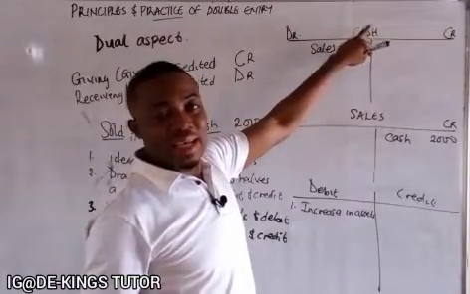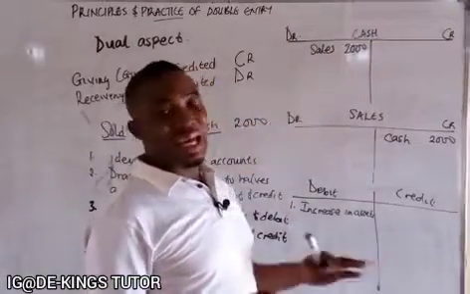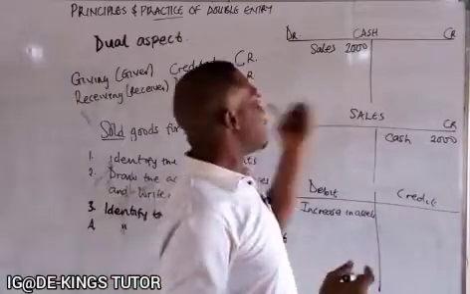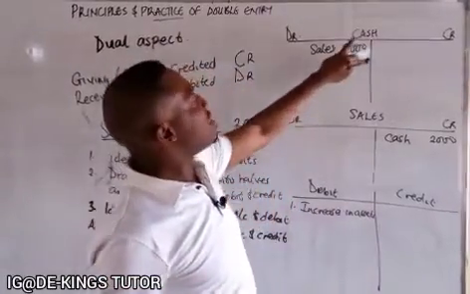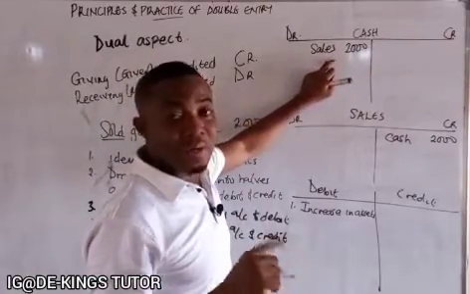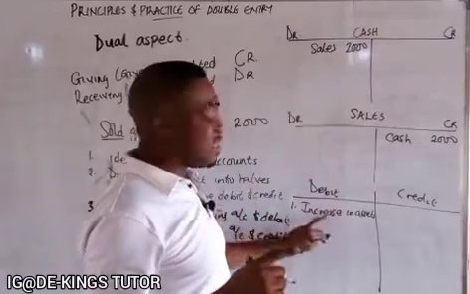For instance, look at cash. Cash is an asset. It's a current asset. Okay, assets are items that belong to you. I've seen that in the introduction video. Please watch that. So since this item comes there, it means you are increasing the value or the amount there. That is what debit means.